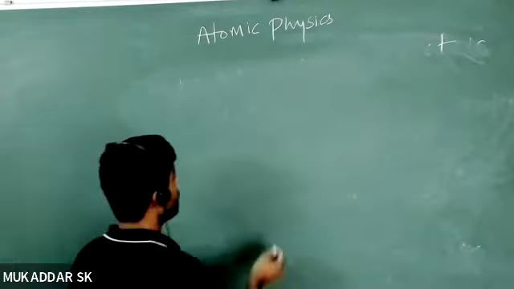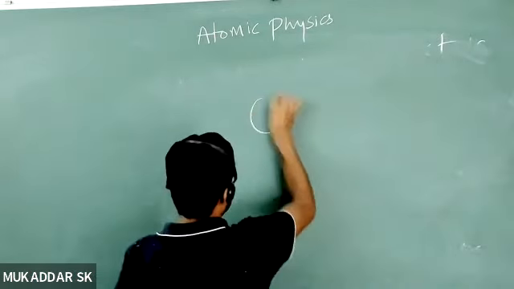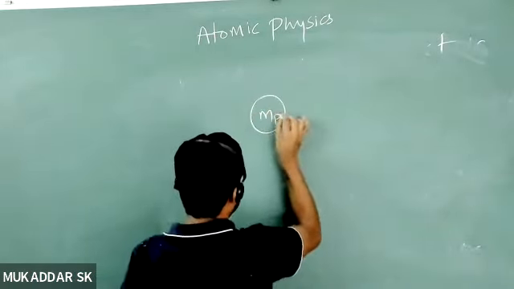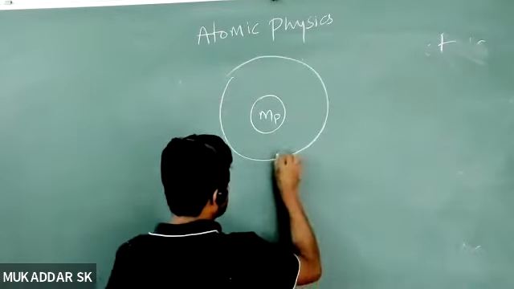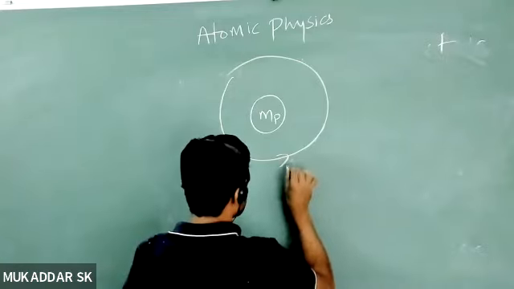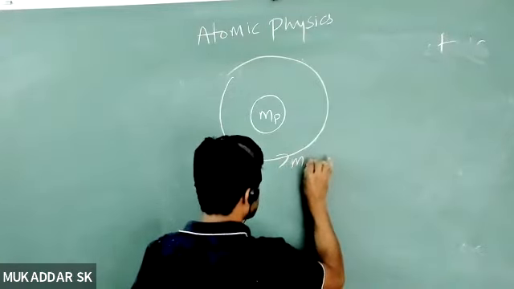So let us assume for the hydrogen case, you have a proton inside the nucleus and the electron is orbiting this nucleus. Let us assume the mass of the electron is Me.